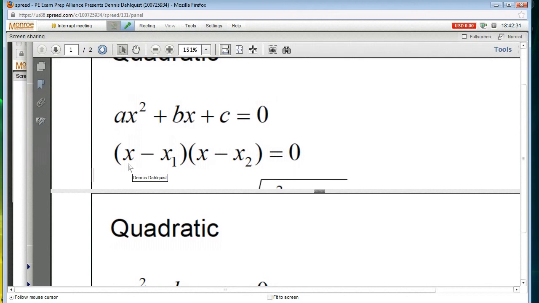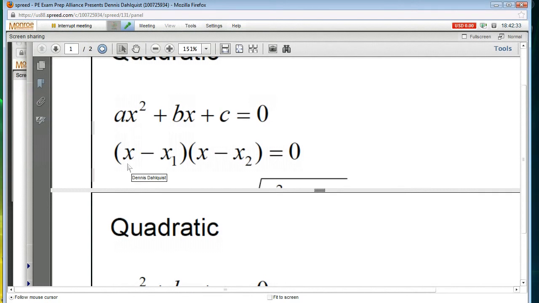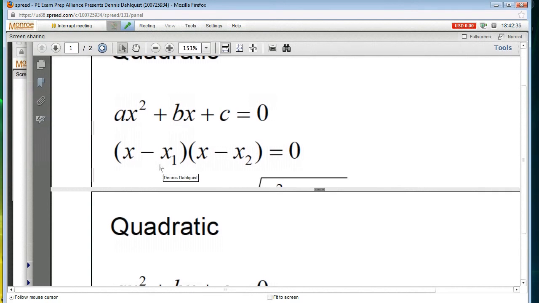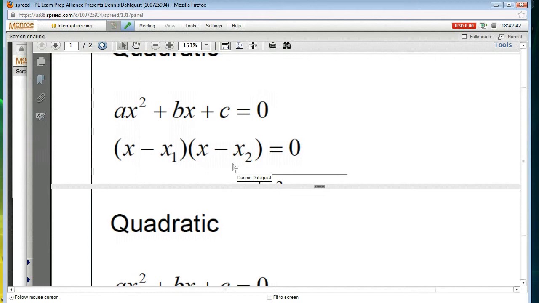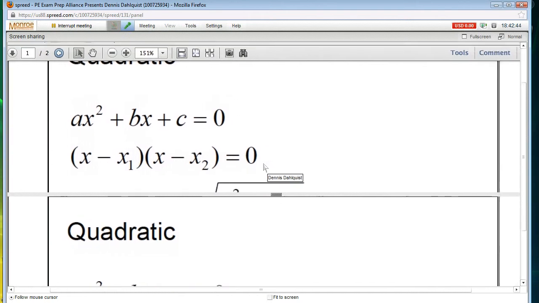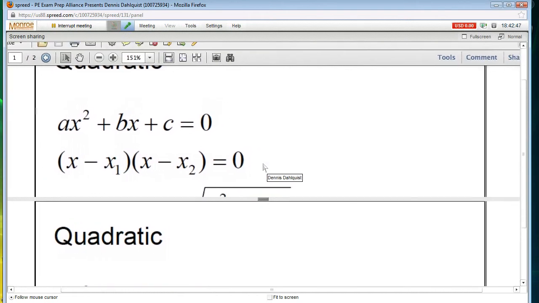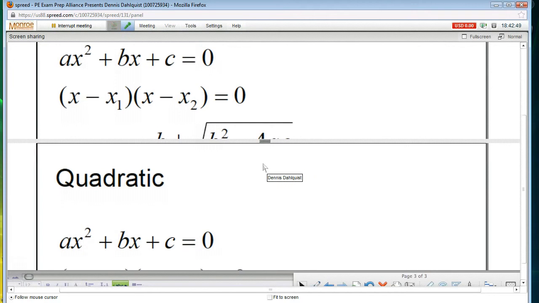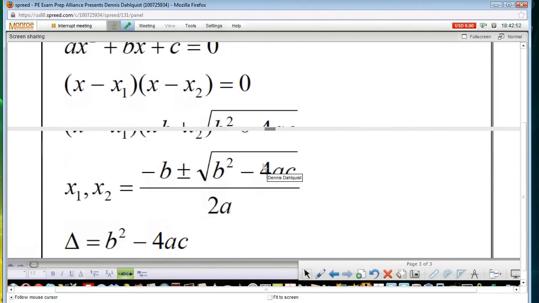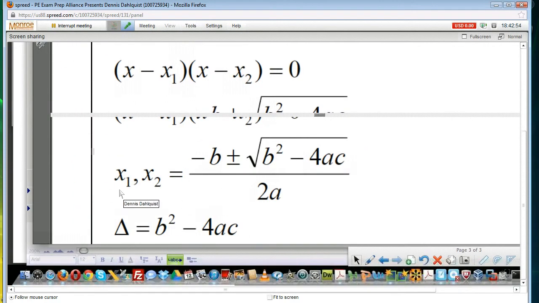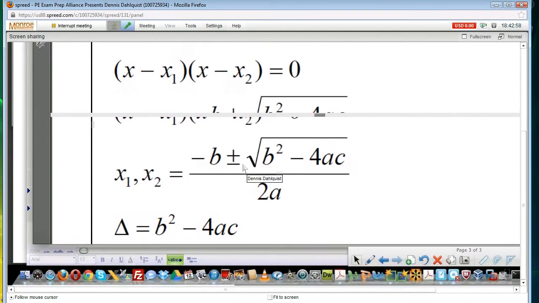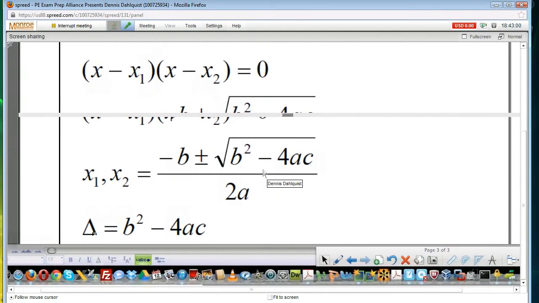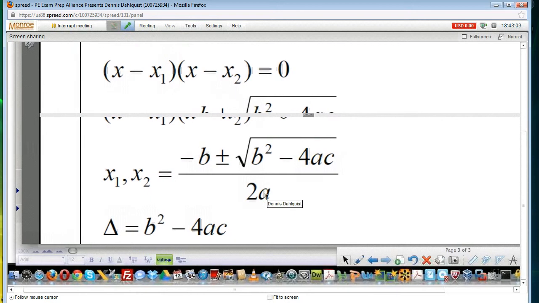So we would have x minus x1, where x1 is the root, and then x minus x2, where x2 is the other root, equal to 0. And of course we can use the quadratic equation for that, where x1, x2 is equal to minus b plus or minus the square root of b squared minus 4ac over 2a.